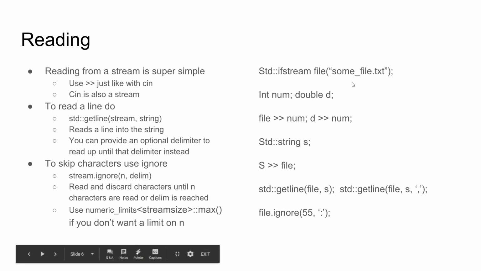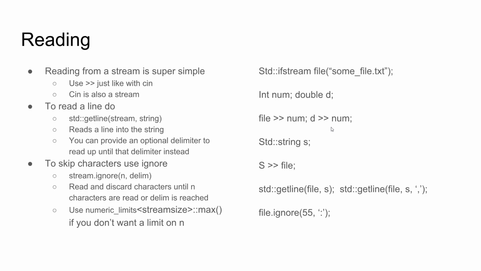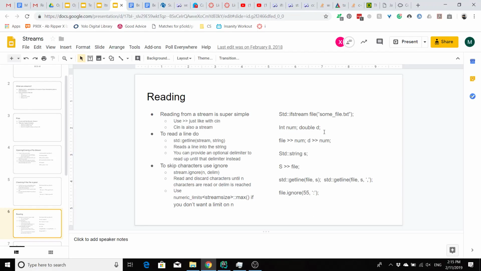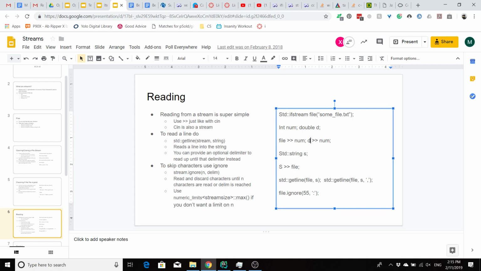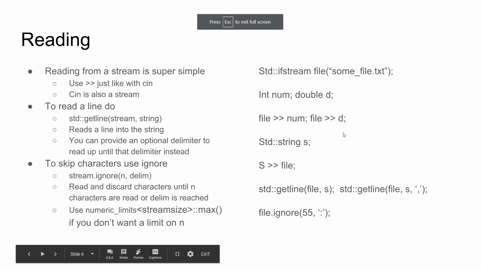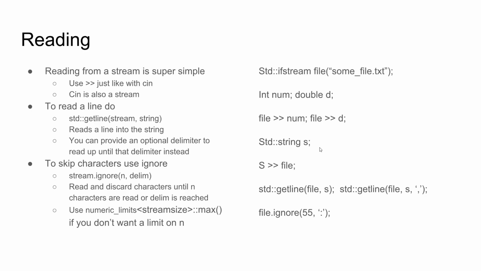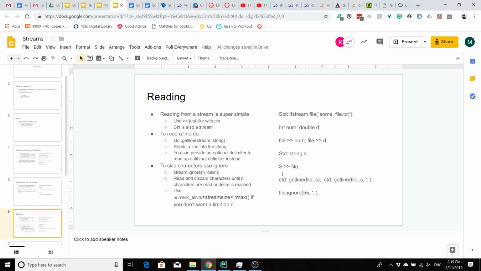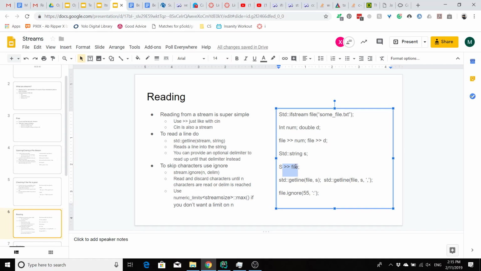So you can open up the file and try reading some stuff from it. It will do the formatted input for you. It's actually going to read in the characters of the appropriate type and then transform that into the number. So num will actually have the integer value. File into d, and then d will actually be a double, have the value as a double.